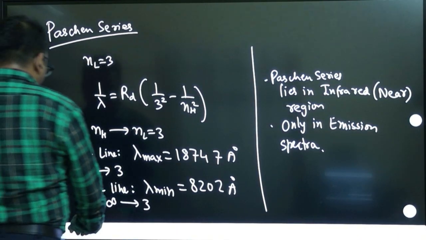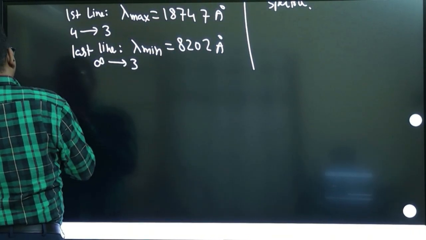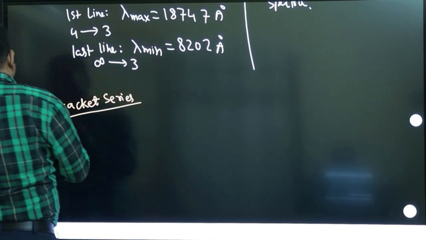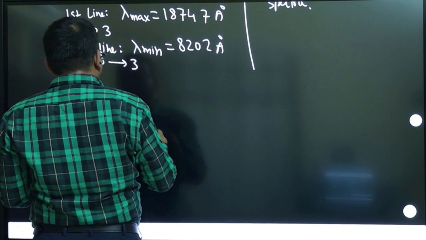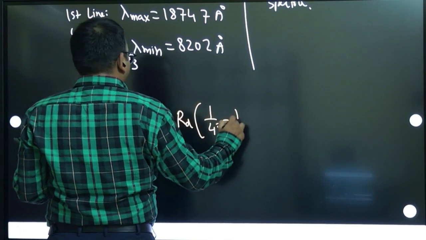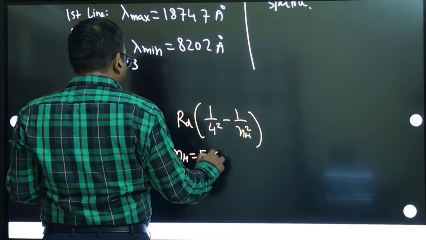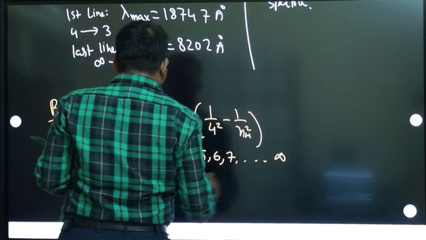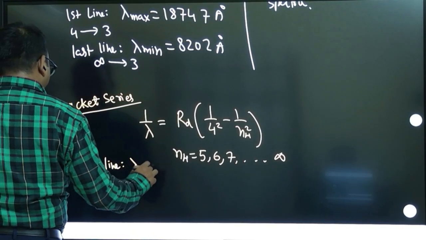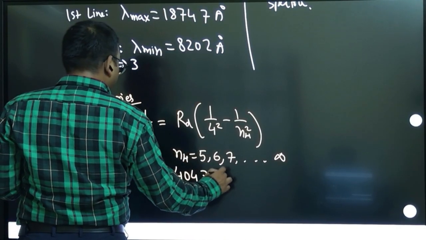Then next is Brackett series. In Brackett series, 1 by lambda is Rydberg constant times (1 by 4 square minus 1 by nh square). Here, higher means it can come as 5, 6, 7 or up to infinity. Okay. So here also the first line, maximum lambda, is coming as 40,477 angstrom.